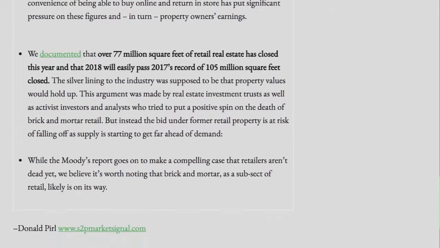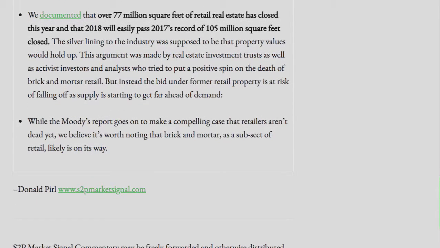We documented that over 77 million square feet of retail real estate has closed this year, and that 2018 will easily pass 2017's record of 105 million square feet closed.